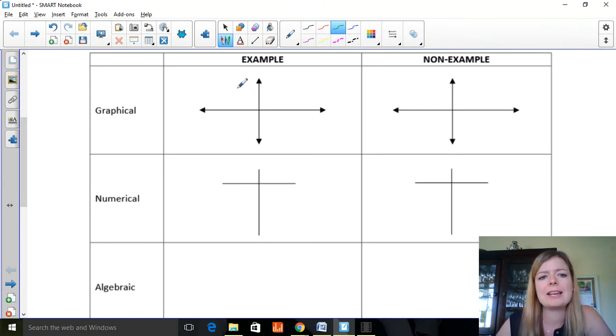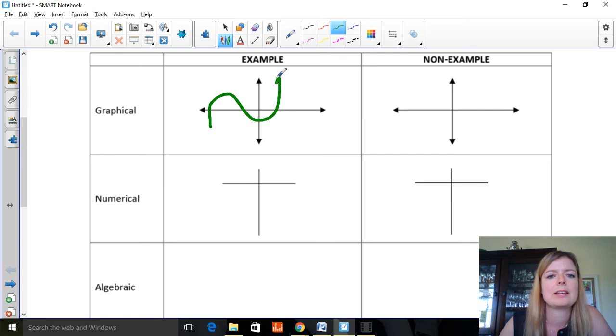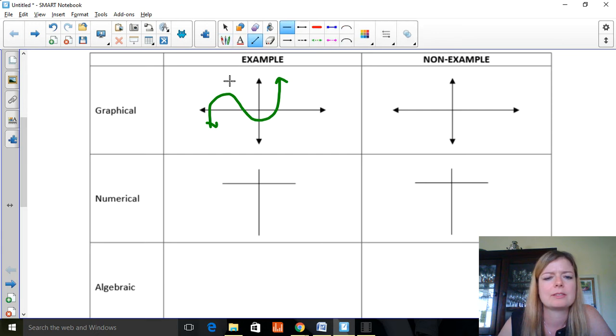So graphically, an example of a function is anything that passes the vertical line test. So for instance, you can have something that can look really strange like this, and we'll get into this later. This is called a cubic function, but it passes the vertical line test. So what that means is if we took a vertical line, like a ruler here, there's a vertical line.